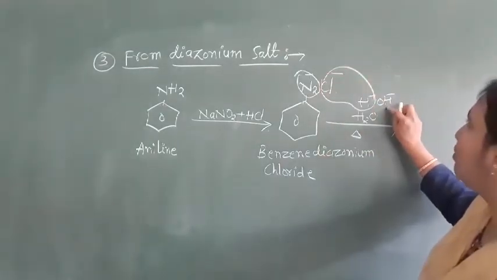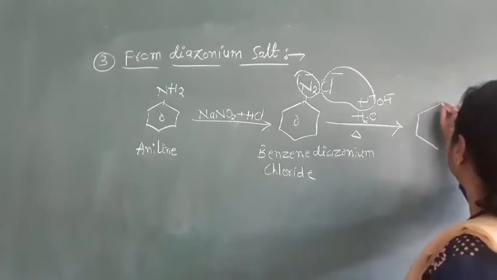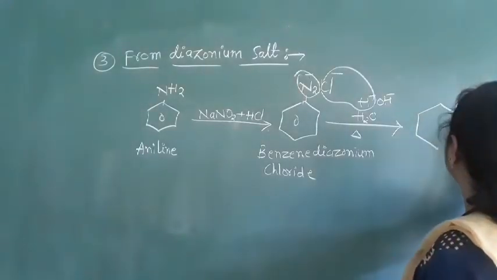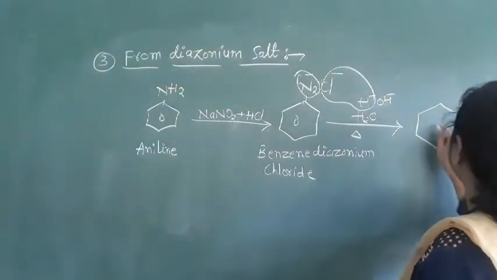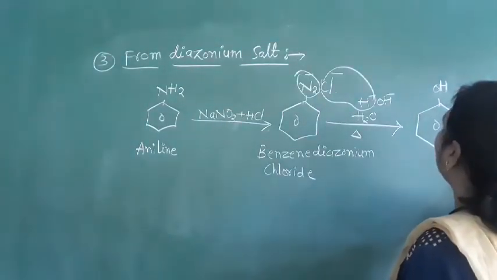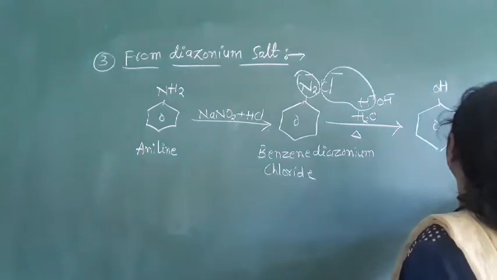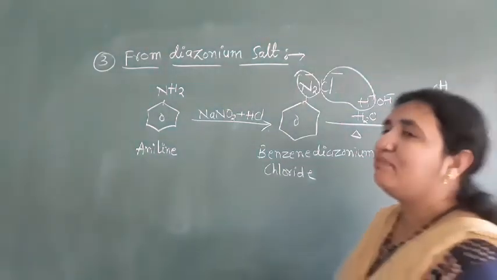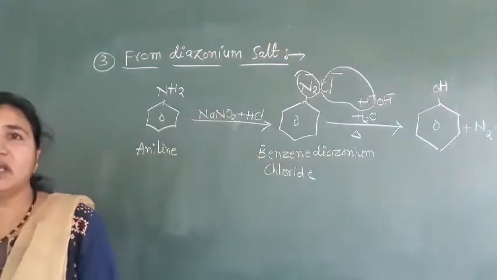What remains? OH minus, which adds to this benzene ring. So we will get phenol plus N2 plus HCl. So this is from diazonium salt.